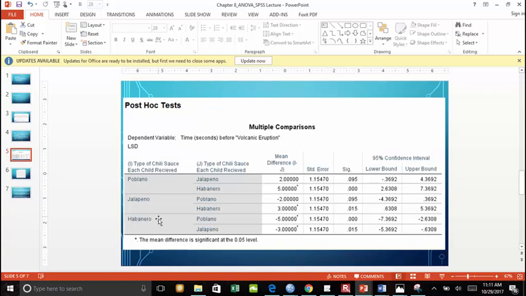For me, it made sense to say habanero was sooner in terms of time to eruption compared to poblano. Or you could have said it took children 5 seconds longer to erupt given poblano compared to habanero. It's the same thing, it's just a matter of the direction, and you can pick which makes sense to you in terms of writing it up.